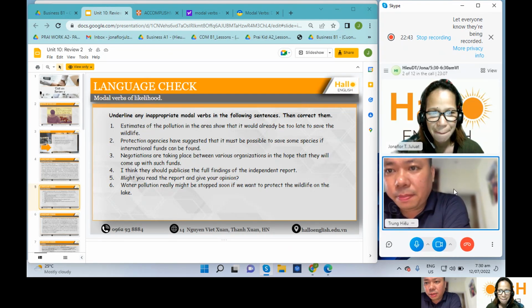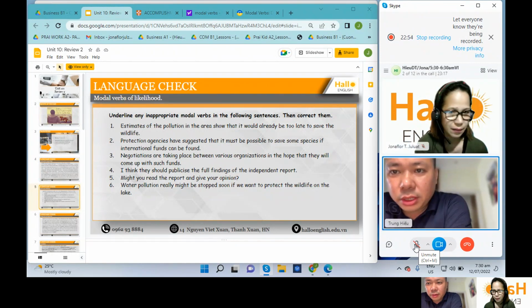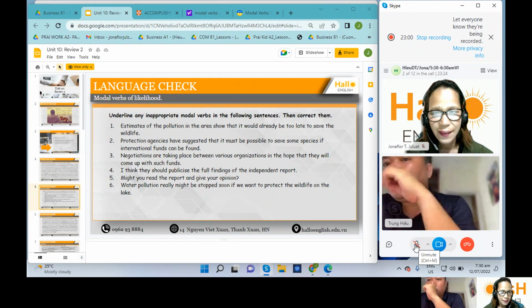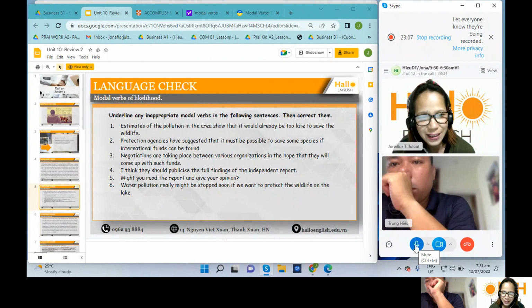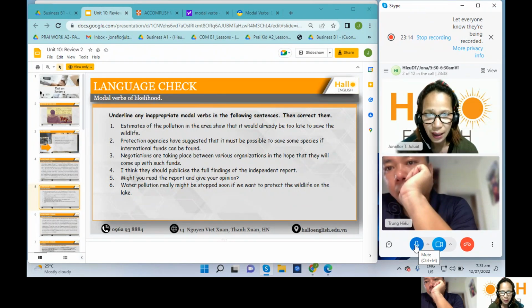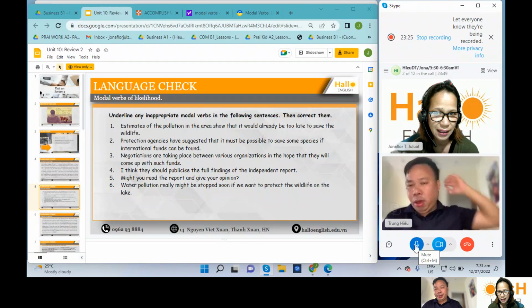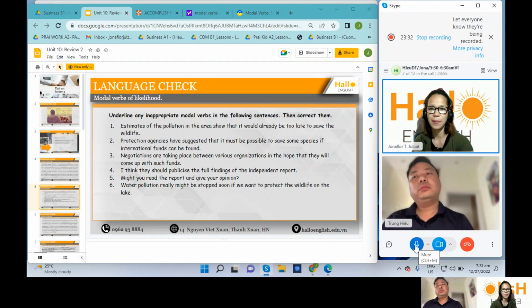Negotiations are taking place between various organizations in the hope that they will come up with such funds. So what's the correct modal verb?